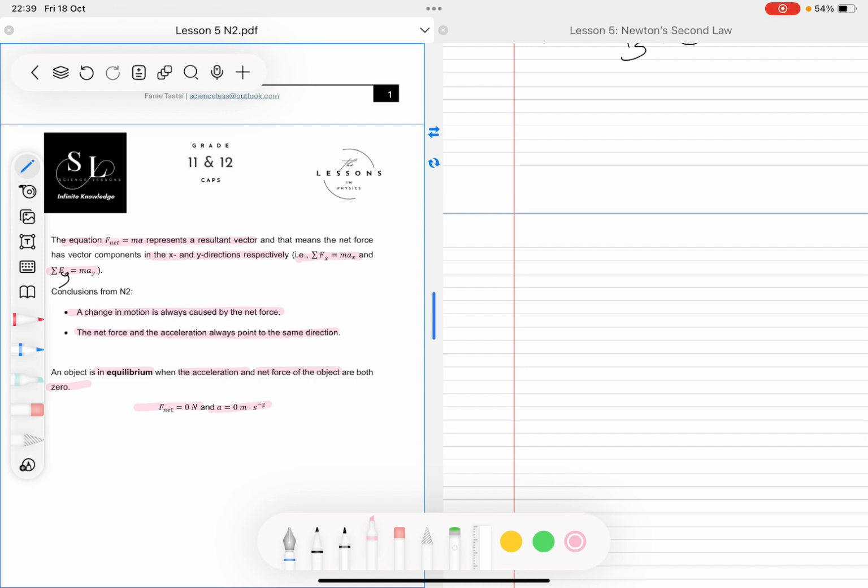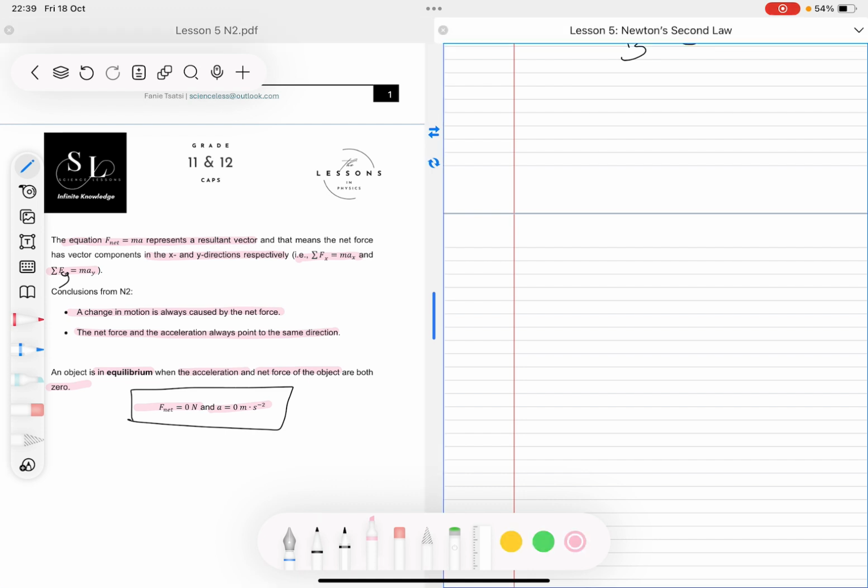Remember, with Newton's first law, we said that it is possible for an object to continue moving at a constant velocity if there is no net force. So when you think of equilibrium, do not only think of objects that are not moving. It could be that there are forces acting on an object, and those forces are equal and it does not move. But at the same time, it could be that the object actually moves.